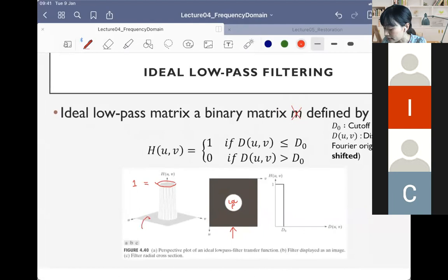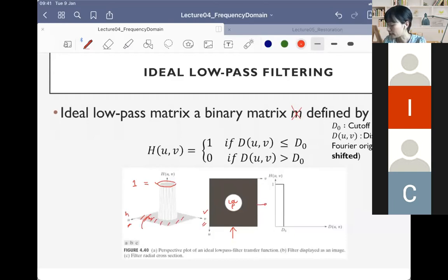Whereas for the high frequency here, U and V are the frequencies in the horizontal direction and vertical direction. You see that all the high frequency become 0.